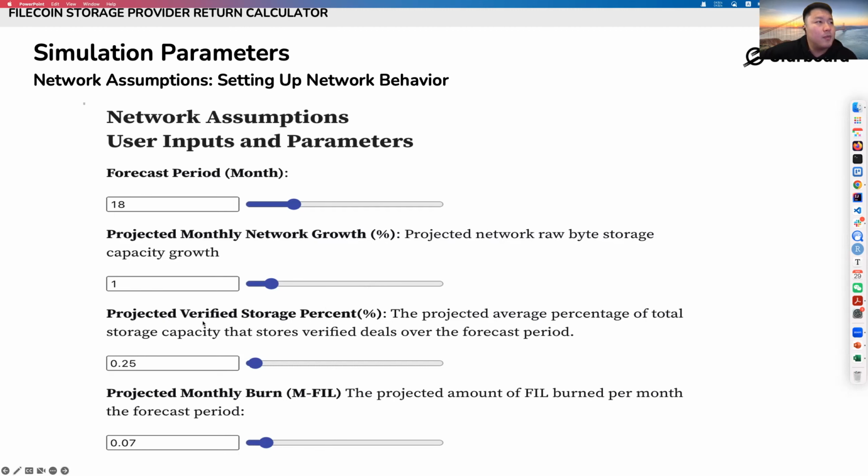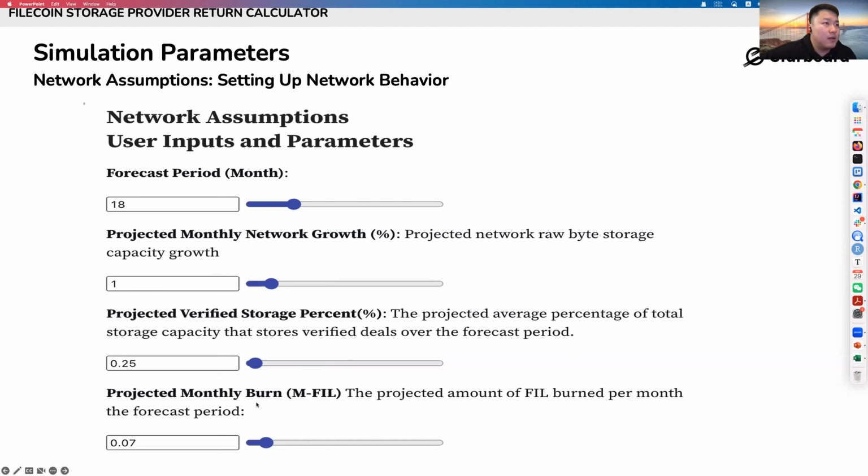Here you also have the projected verified storage percent, which is the average percentage of total storage capacity that stores a Filecoin Plus deal over the forecast period, as well as the projected monthly burn. These items mainly influence the growth of the raw byte capacity and the qualified power, as well as how the FIL burned influences the overall circulating supply, and therefore has a bearing on the SP's economic output.